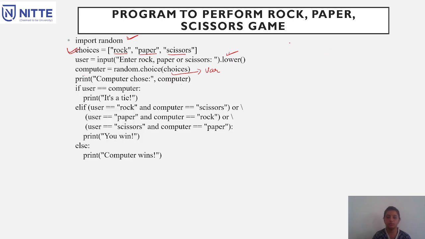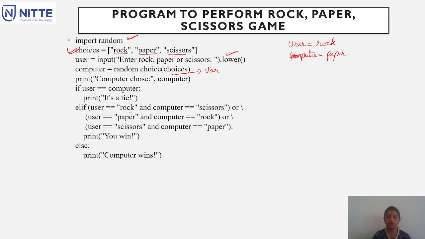So in the output, at the start, it will ask you what is the user's choice. You will tell rock. What is the computer's choice? Using the random choice, the computer choice can be paper. Okay. Then if user equals computer, if user and computer both have the same choice, that is rock and rock, then it has to be printed as tie.